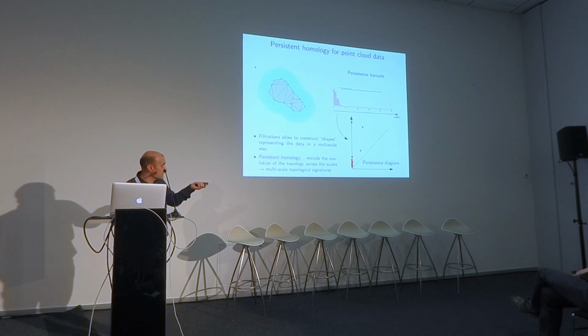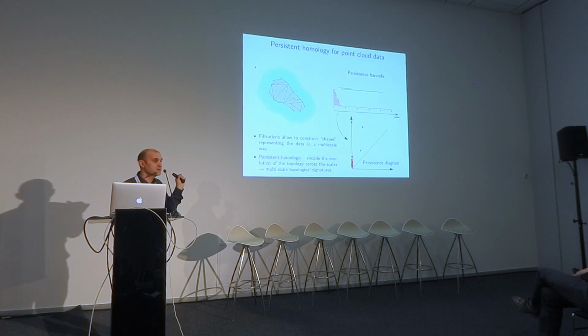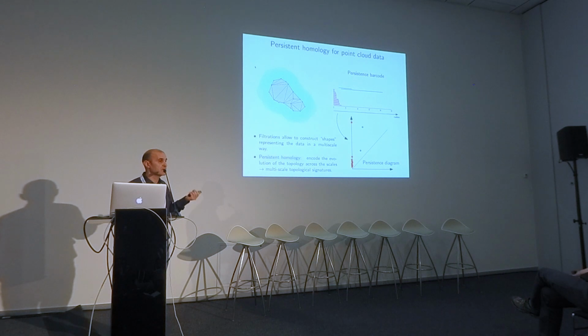And as Catherine mentioned, the first and naive intuition is to think that points that are close to the diagonal are prone to be noise because they appear for a very short time in the filtration. So in some cases, this is a good intuition, but there are also many examples where very relevant information is encoded in this noise.